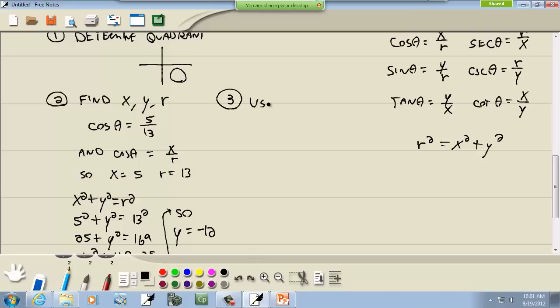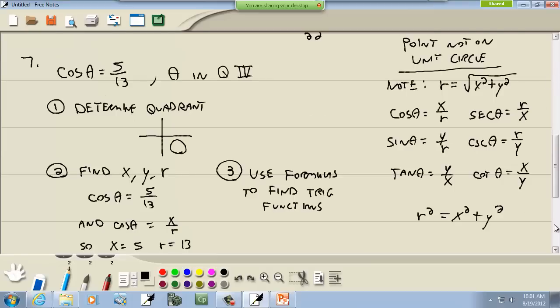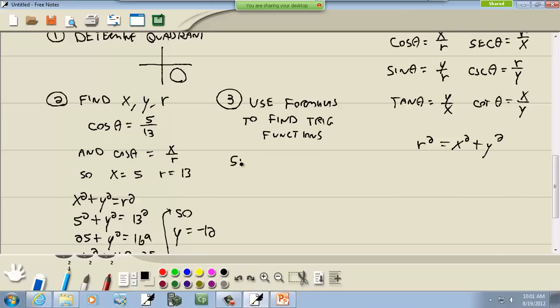Then step 3. Use the formulas to find the trig functions. Well, we were given, what were we given? Cosine, so we don't need that one. Sine theta is equal to y over r. Well, y we said was negative 12, and r we said was 13.